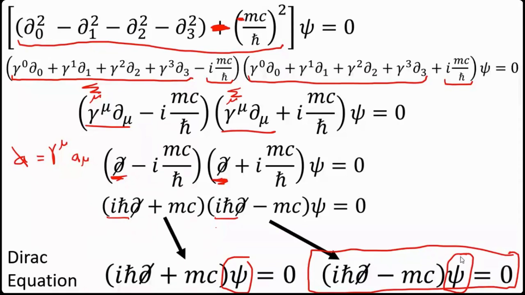But I honestly am less familiar with that. This presentation is a bit more math focused and less physics focused. But yeah, the negative energy solutions are going to correspond to antiparticles. Right. Okay. Cool.